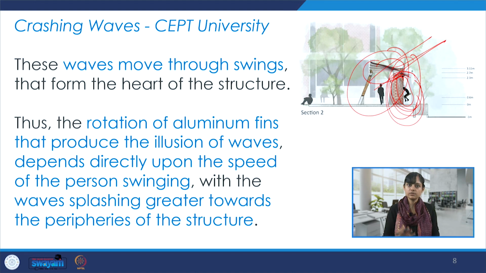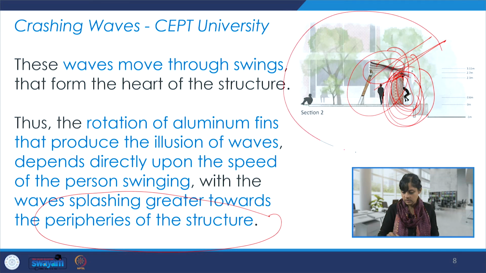So these waves move through swings that form the heart of the structure. Thus, the rotation of aluminium fins that produce the illusion of waves depends directly upon the speed of the person swinging, with the waves splashing greater towards the peripheries of the structure.